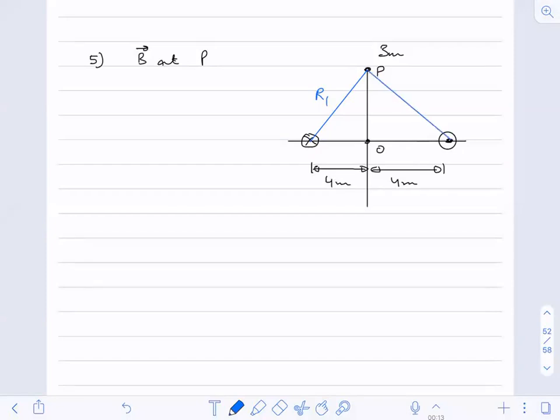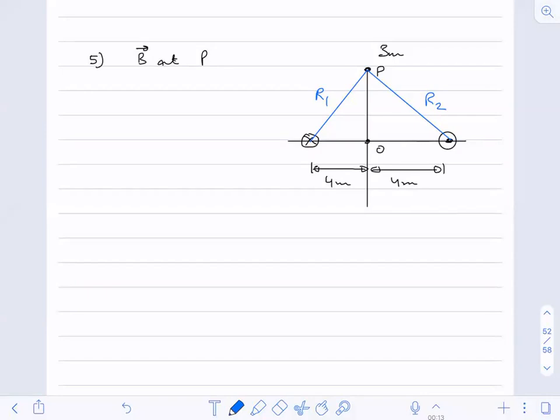This is the second perpendicular line, R2. Understood? This way you will draw the perpendicular lines on the wire. Okay. So can you calculate R1 and R2 now?